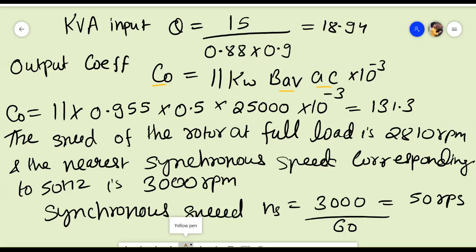So C naught was equal to 11 times 0.955 times 0.5 times 25,000 times 10 to the power minus 3, that is equal to 131.3, and the speed of the rotor at full load is 2,810 rpm, and the nearest synchronous speed corresponding to 50 hertz is 3,000 rpm. So we got our synchronous speed ns equal to 3,000 by 60, that is equal to 50 revolutions per second, right?